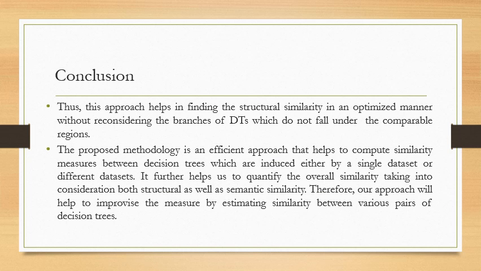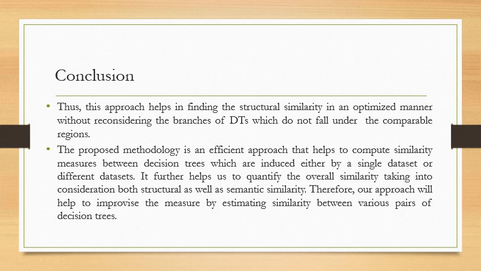So in our paper, we have used this Hungarian algorithm, and finally we were able to derive a formula wherein we can find the structural similarity between the decision trees, and we were able to see the exact mapping of the comparable regions.